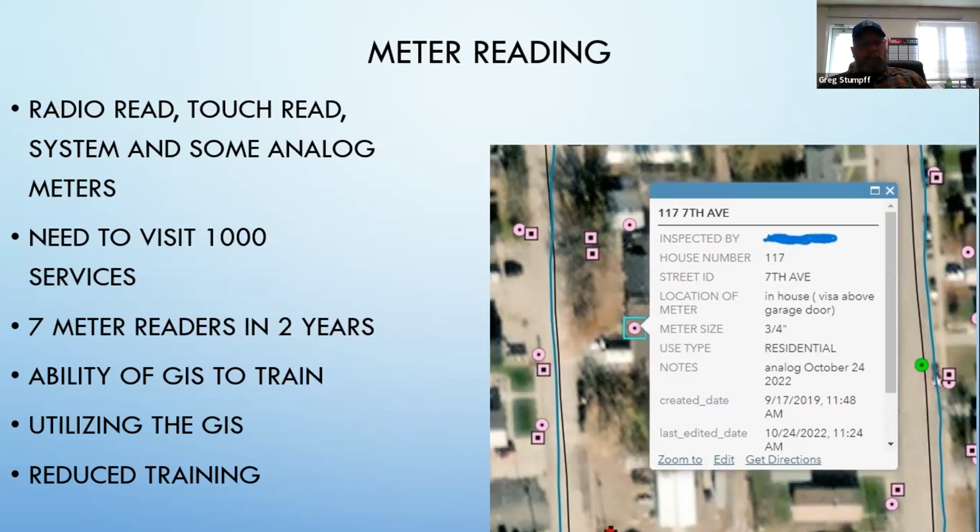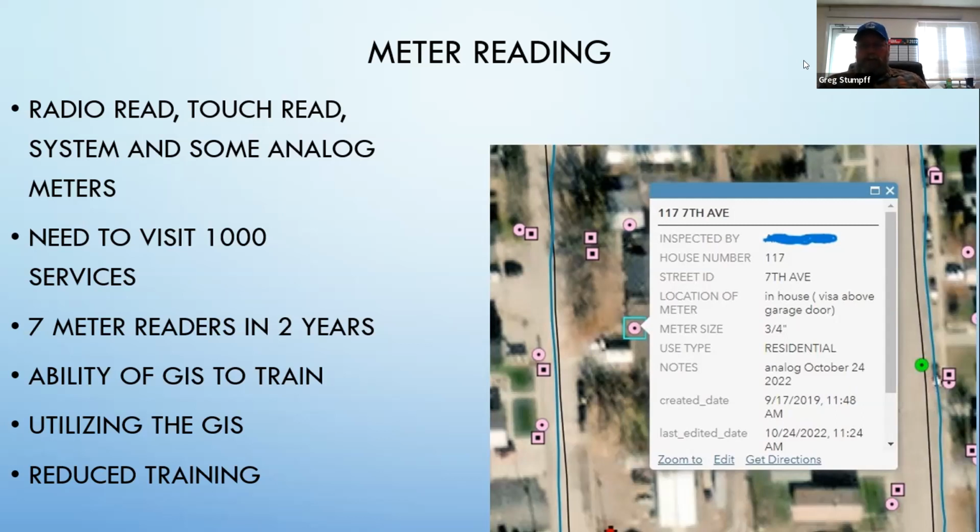They were able to read everything and get it all done in a timely fashion, simply because we utilize it as a training tool so people can find things on their own. And like I said, it did reduce our training time.